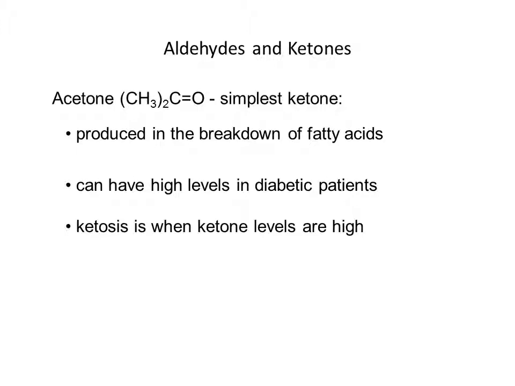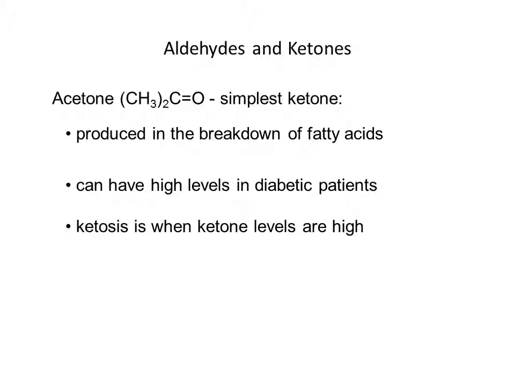In order to make carbohydrates, your body takes fatty acids and breaks them down into various compounds that can be used as carbohydrates, and acetone is produced in this process.